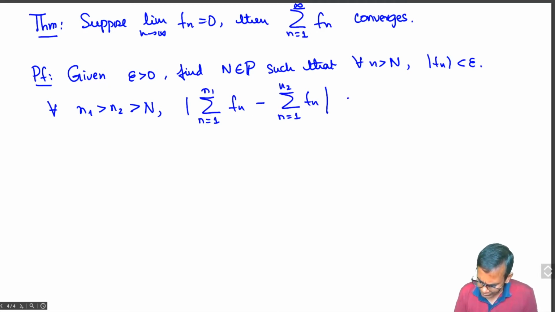This is just the norm of the sum n goes from n2 plus 1 to n1 of f_n.